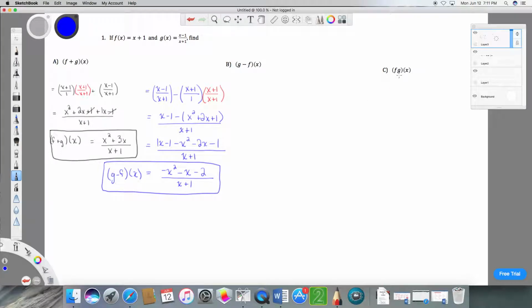Let's take a look over here at part C, this new function. You obtain it by multiplying these two functions together. F of x is x plus 1, and we multiply it by x minus 1 over x plus 1.